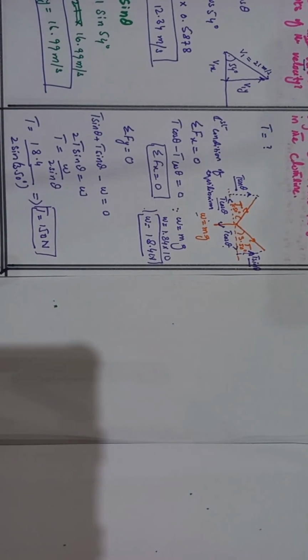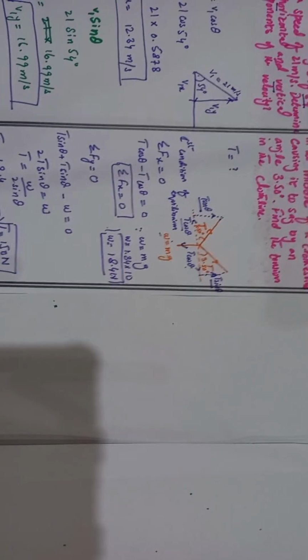So here we put the value 18.4 over 2 sin theta, where theta is equal to 3.50 degrees. So the tension T is equal to 150 Newton. Here we found the tension in the cloth line.